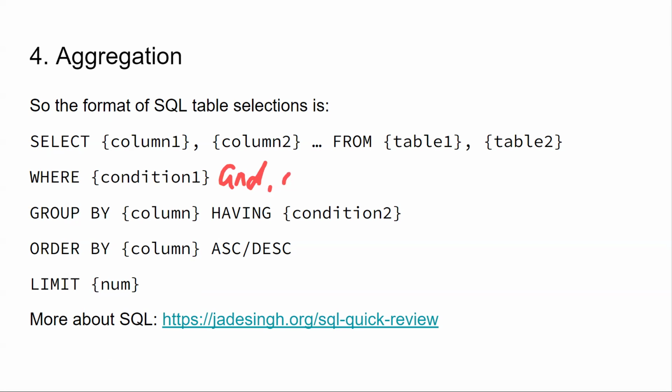Condition 1 AND/OR condition 2 AND/OR condition 3, dot dot dot. Then you GROUP BY the column. As long as rows share the same information in this column, they will be grouped together and become a smaller table.